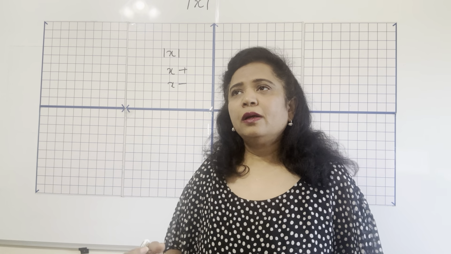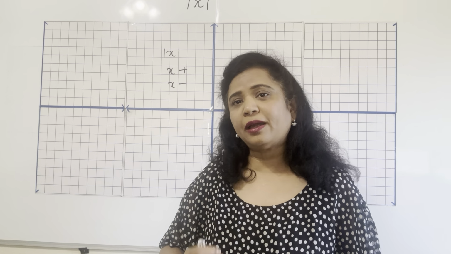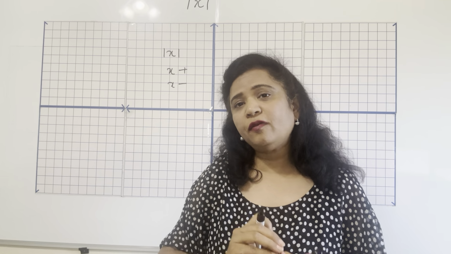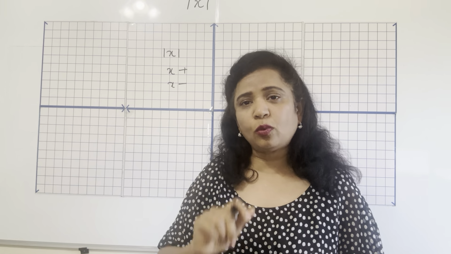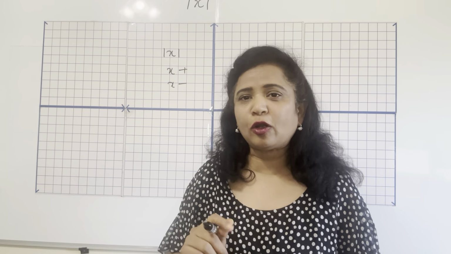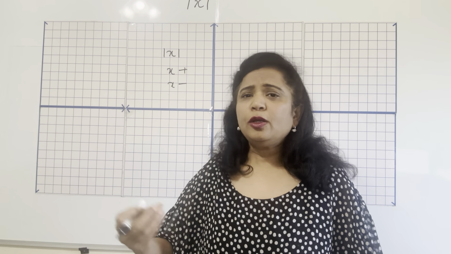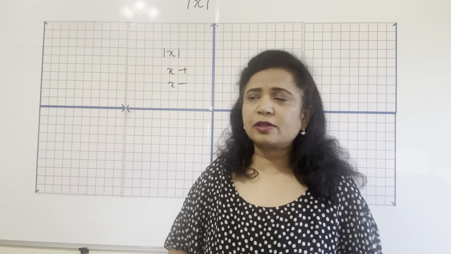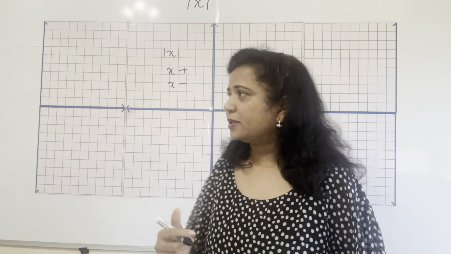For example, there are 10 people and you want the deviation from 11. So 11 minus 10 is 1, but 10 minus 11 is negative 1, but people cannot be negative. Sometimes you don't want negative values, so you only want to consider the positive value. That's what absolute value means.